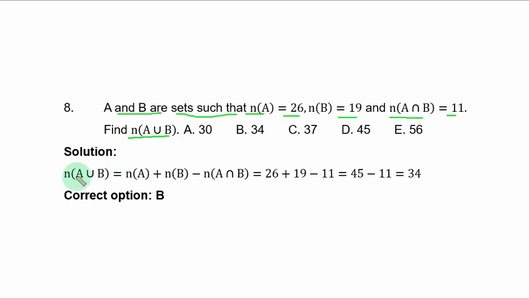In set theory, the union of two sets is expressed in this form. Number of elements in set A 26 plus number of elements in set B 19 minus the intersection, that is 45 minus 11, you have 34. B is the correct option.